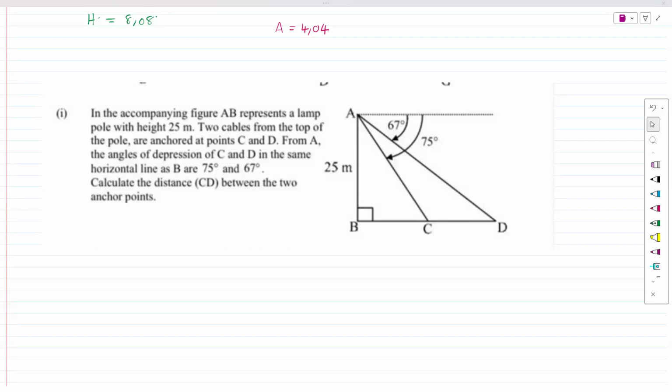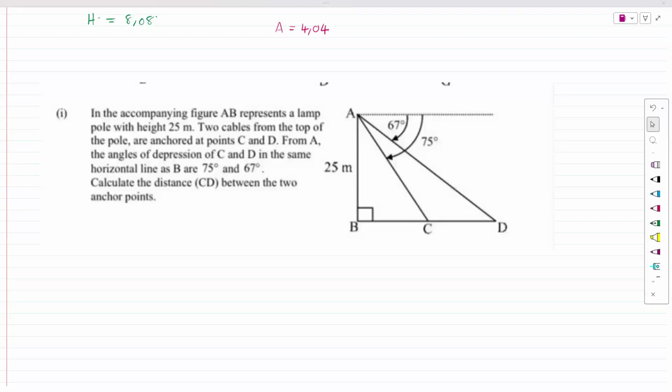You see, firstly, before we start singing, let's start reading the question. It says in the following figure, AB represents a lamp pole. So it's basically one of your street lights. Laika, you find? Yeah. Okay, it's basically one of those street lights, right? They told us the street light is 25 meters.